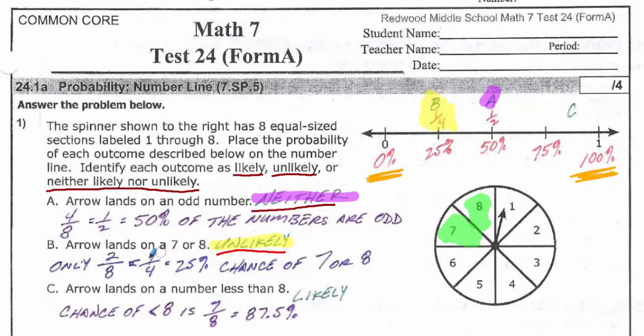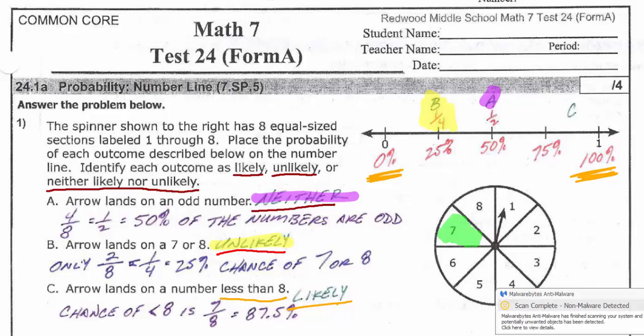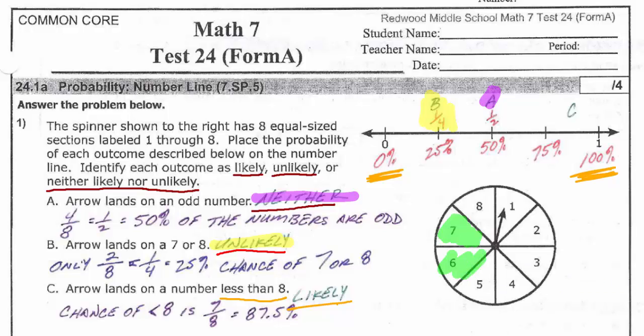All right, the final one. The arrow lands on a number that is less than 8. So we're looking for a number less than 8. Well, that is likely to happen because, as you can see, if I go back and get rid of that shading and instead shade everything that is less than 8, you can see that we are shading just about the entire spinner.